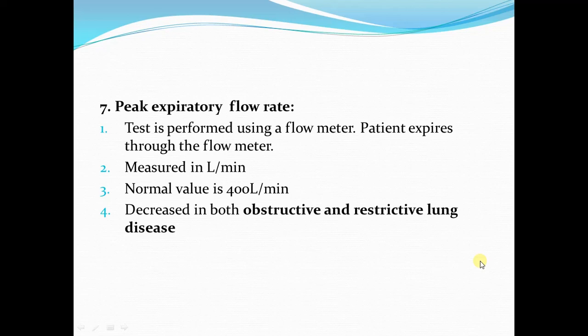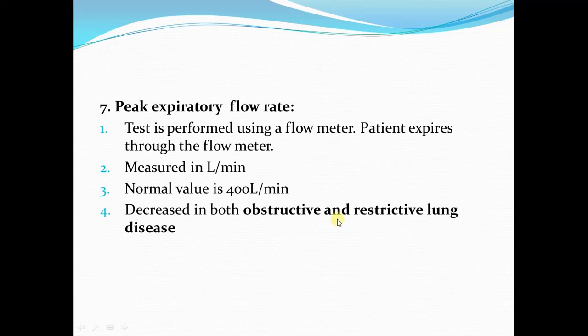Moving on to the next test, which is peak expiratory flow rate. In this test, the subject is asked to breathe out with maximum force into the peak flow meter.